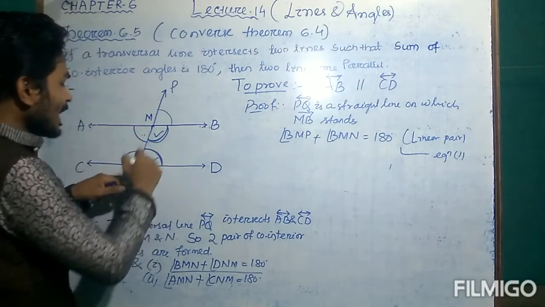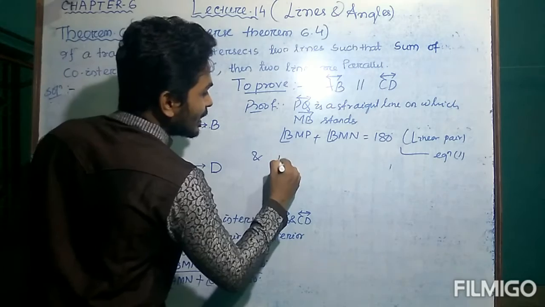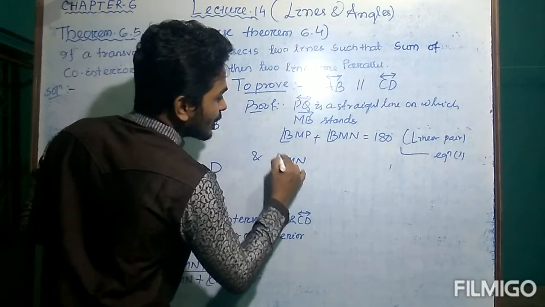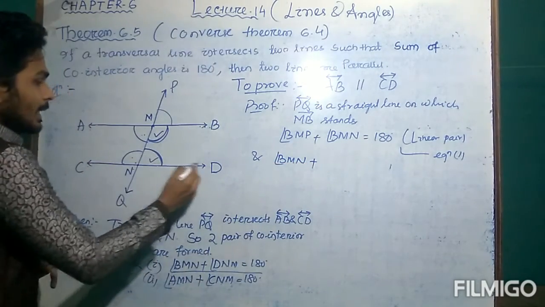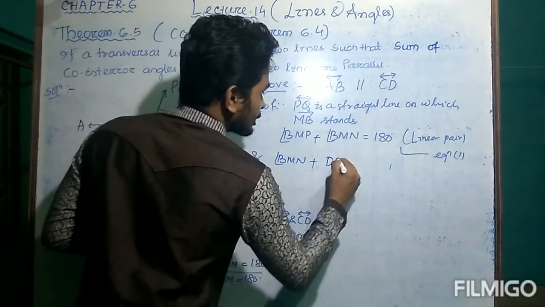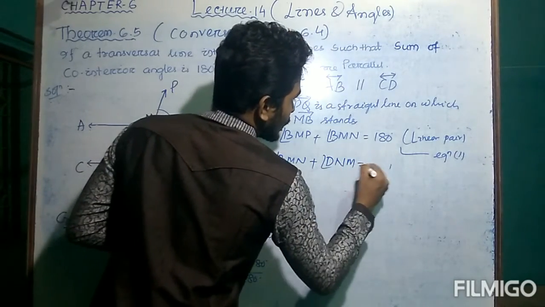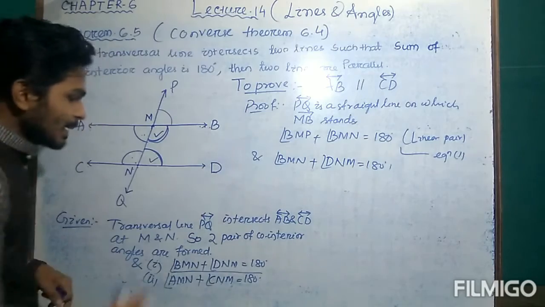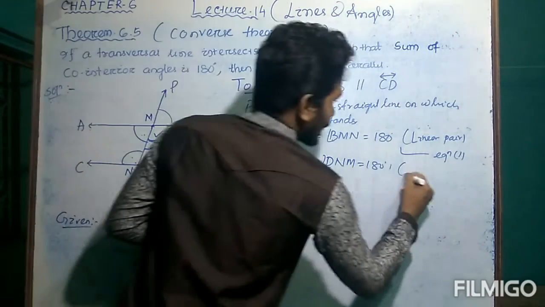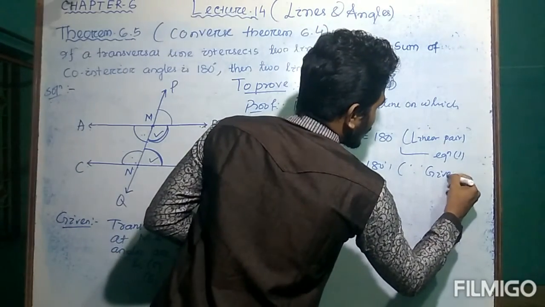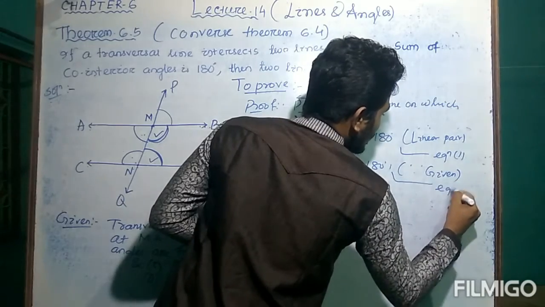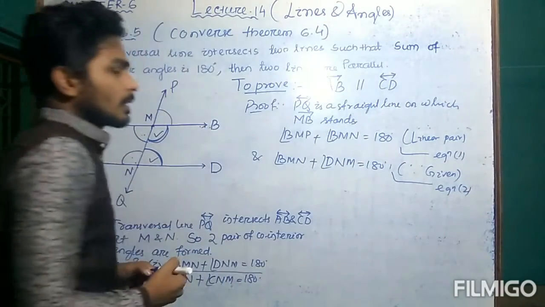So write BMN plus DNM is equal to 180 degrees. Why would I write it? Because it is given. So you can write given. And this is equation 2.